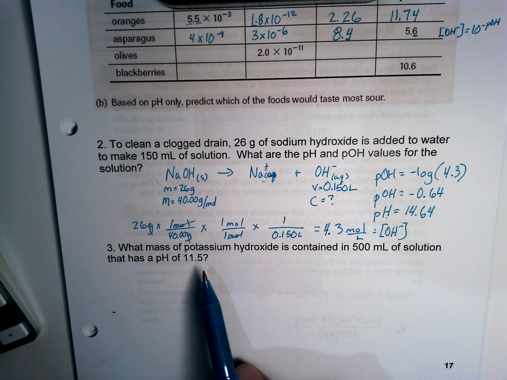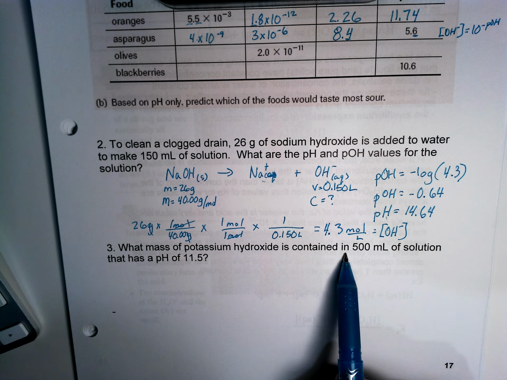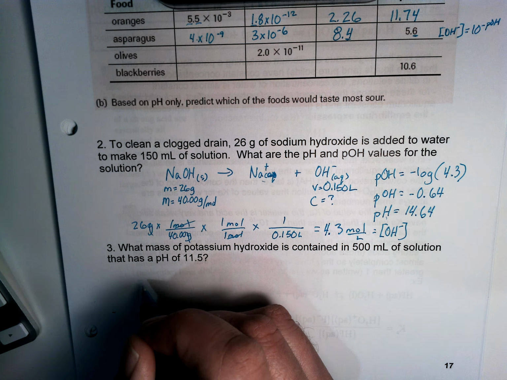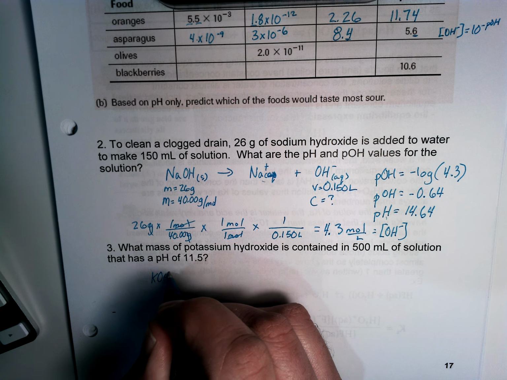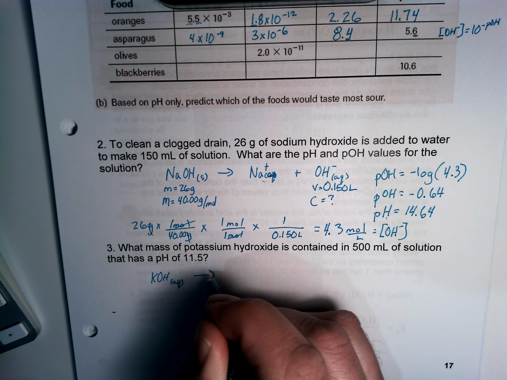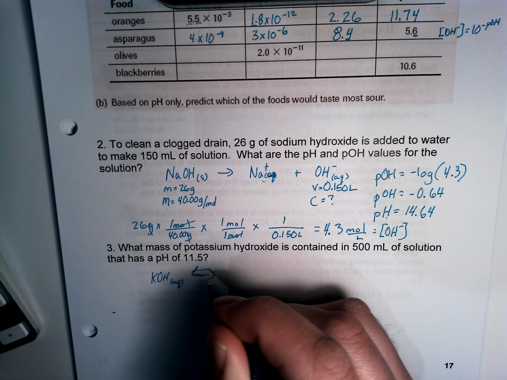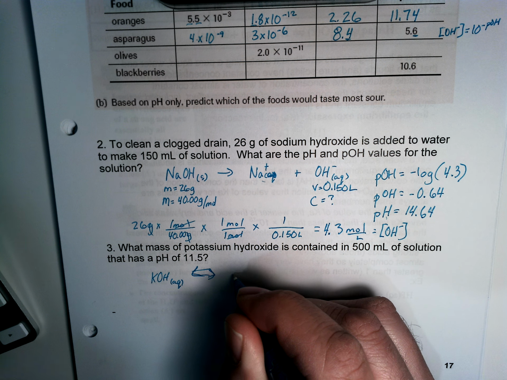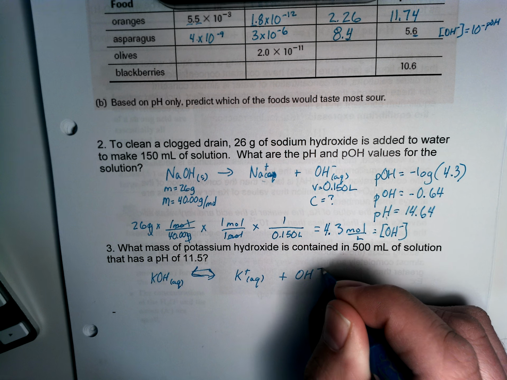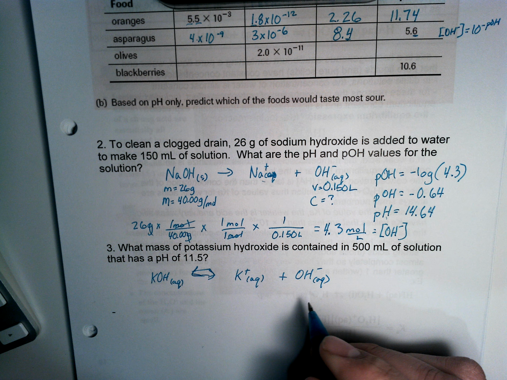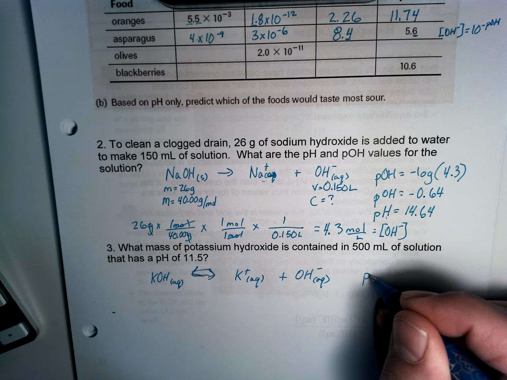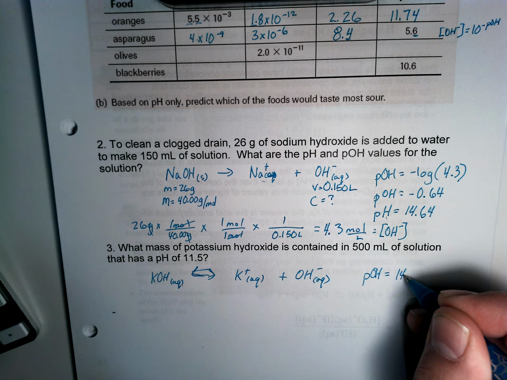What mass of potassium hydroxide is contained in 500 milliliters of solution that has a pH of 11.5? Again, potassium hydroxide in this case is another strong base. We have our double arrows here, so it splits into K plus and OH minus. We can find this concentration using this. First off, we have to find our pOH. It's equal to 14 minus the pH.